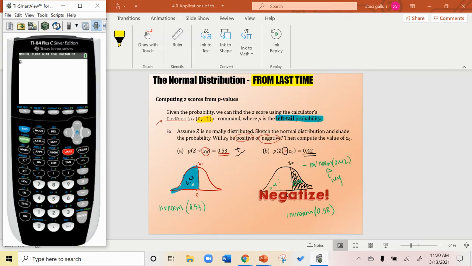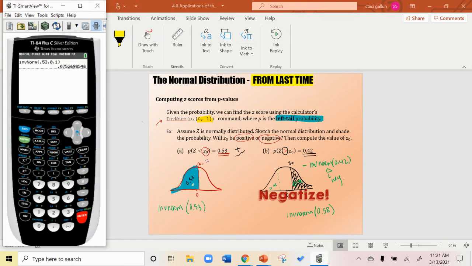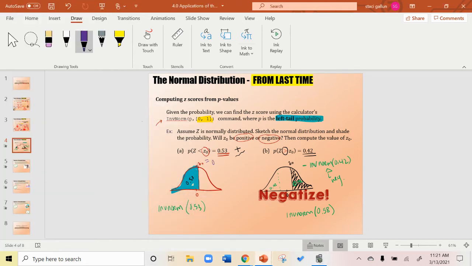So second vars, I'm going to go down to number 3. And the area for the first one is 0.53. I don't need to touch these. Enter. And I've got the z-score, it is 0.075. Right?